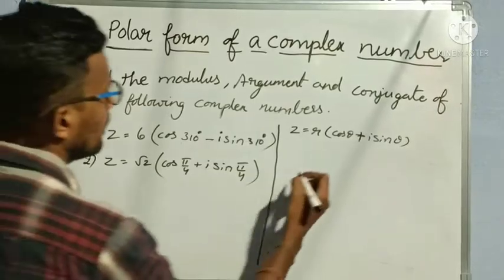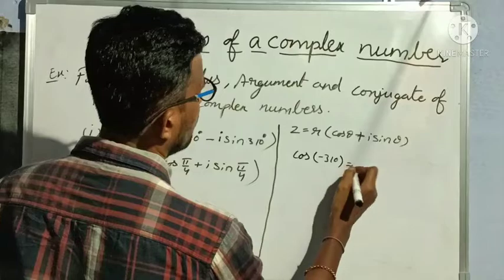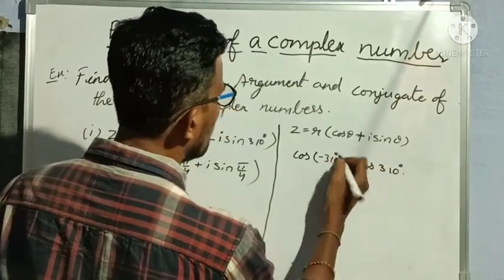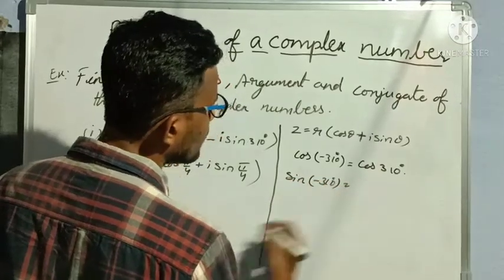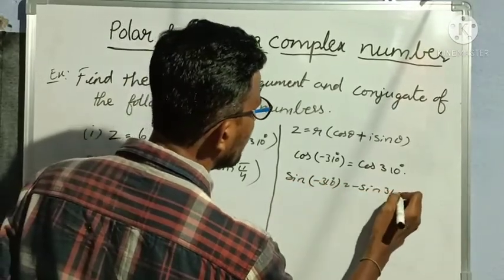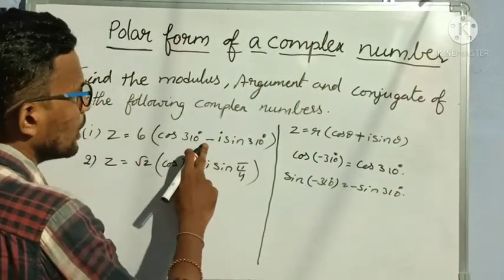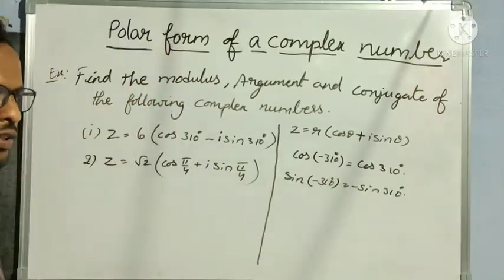See here, cos of minus 310 degrees, cos of minus theta is always cos theta only, but how about sin of minus 310 degrees? Sin of minus theta is what? Minus sin 310 degrees, right? So here in the place of plus, we are getting minus, means theta will be minus there. Understood?